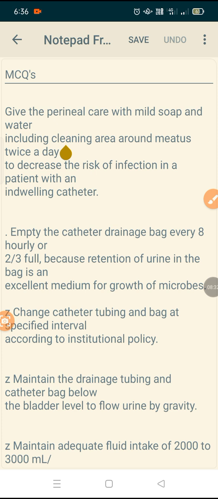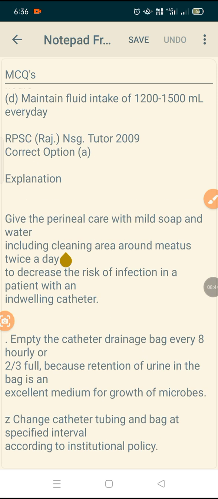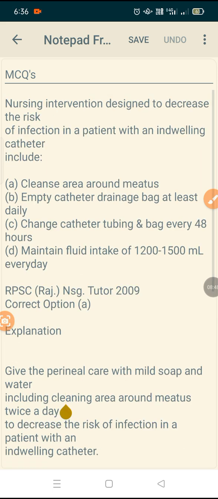In that condition we need to empty the bag when it gets 2/3 full. When we practice these types of methods, it will help decrease the risk of infection when the patient has an indwelling catheter.